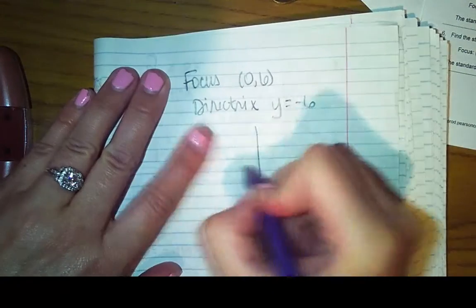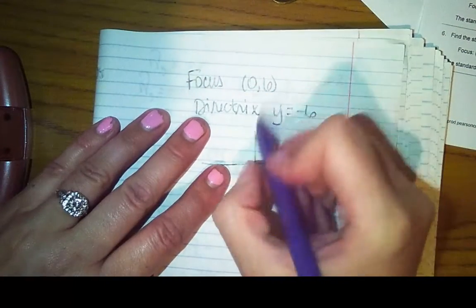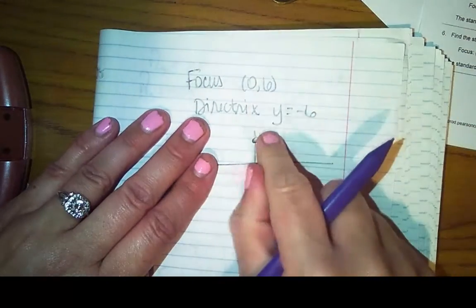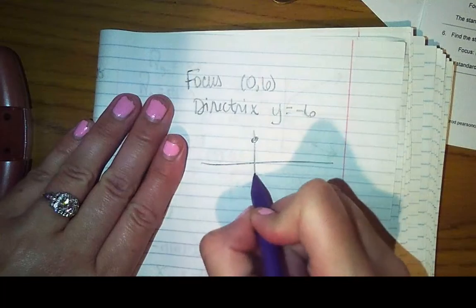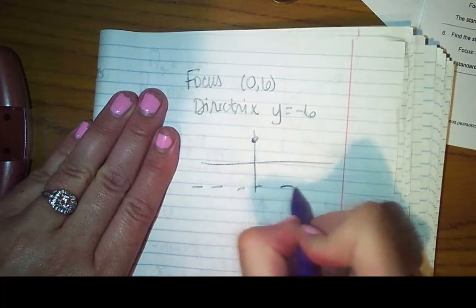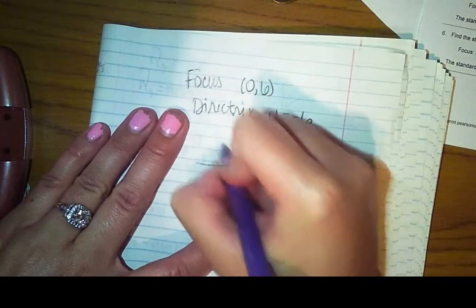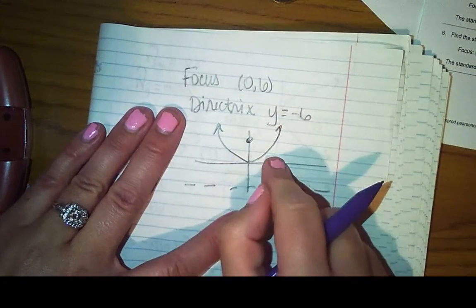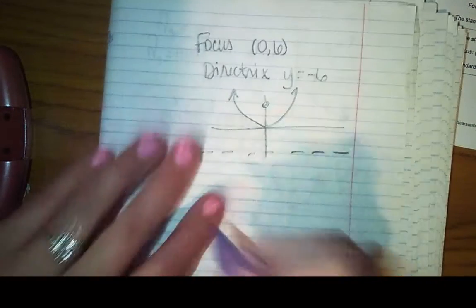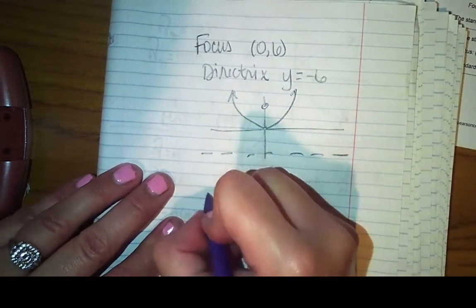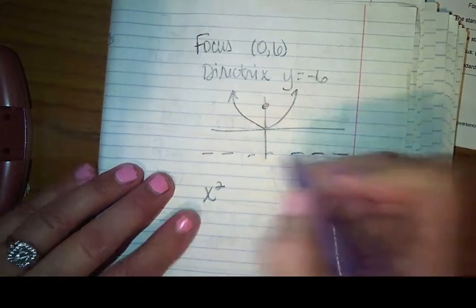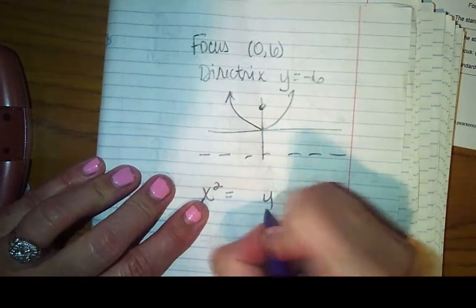If you draw your pretty picture, the focus is at 0, 6, so it's here. Your directrix slices through the y-axis at negative 6. That means the vertex needs to be between those 2 points, and the arms hug the focus. So it opens up, down. You know you're going to lead off with an x squared equal to a y.